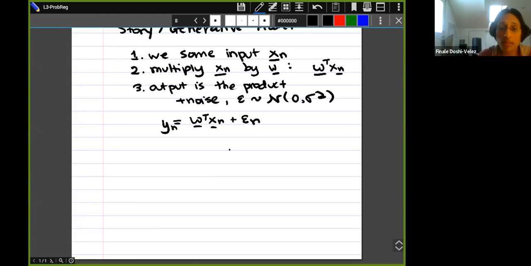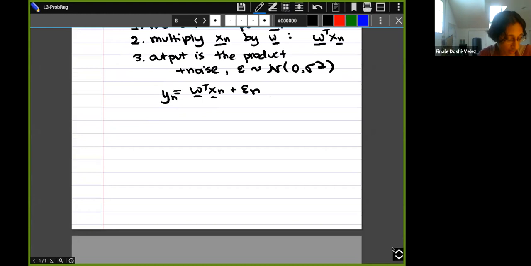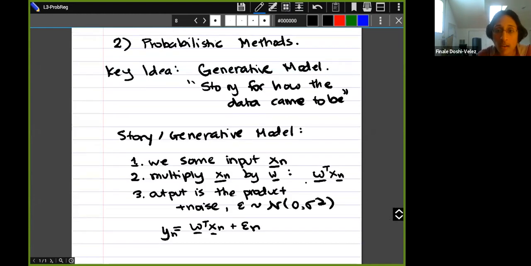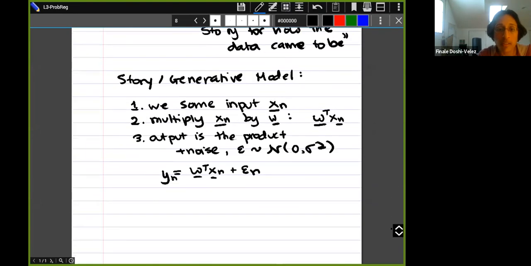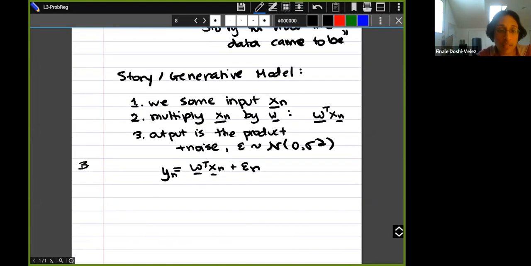And now I want to, how can I make the story as correct as possible, right? That's what we're going to be doing for the remaining part of this class. So by the way, I forgot. For this geometric view, if you want more inside the textbook, you can look at section 2.6.3. And for this probabilistic view, it is in the textbook in section 2.6.2.